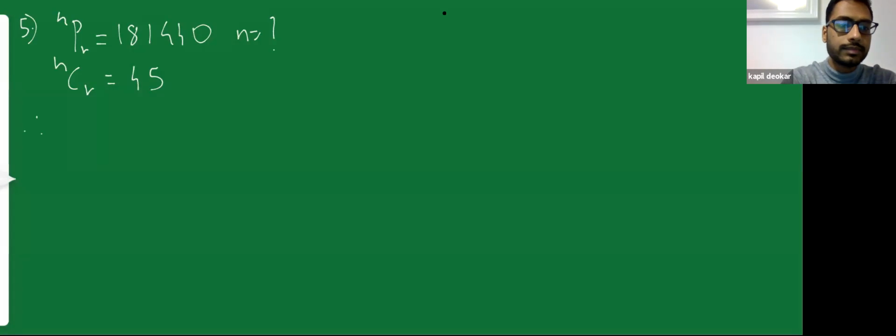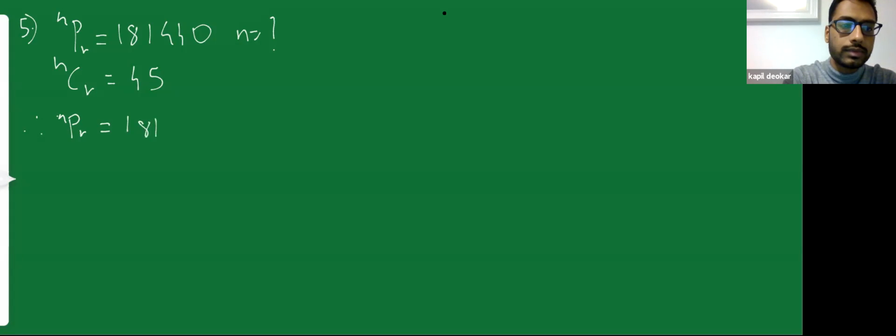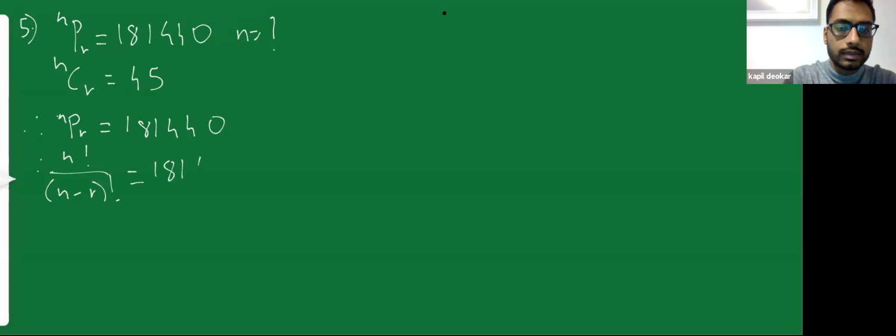It is simple. What I can do is, I can write NPR is equal to 181,440. That means n factorial upon n minus r factorial is equal to how much? 181,440. Also, I know the value of NCR, which is equal to how much? 45.